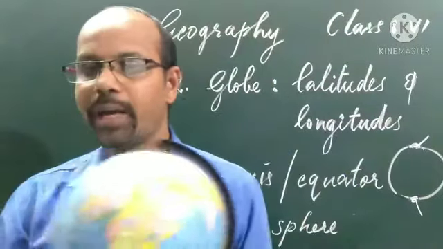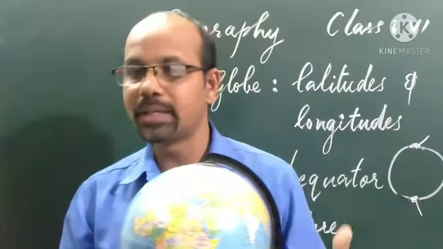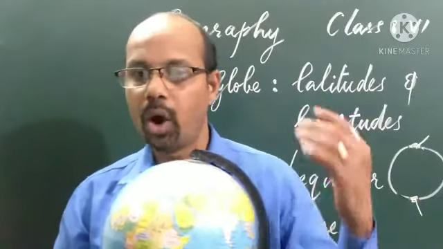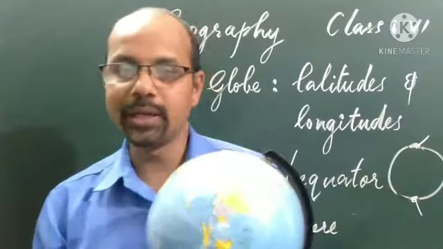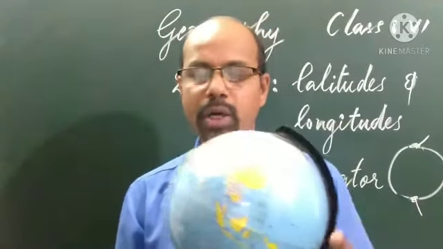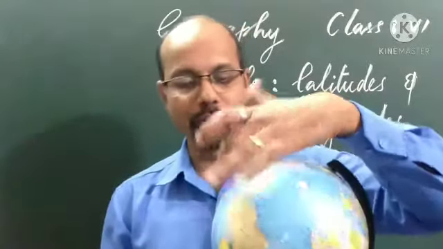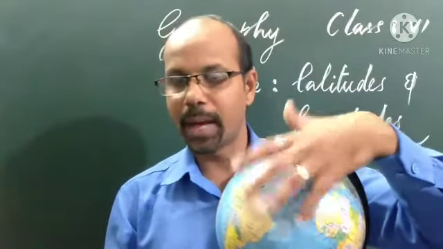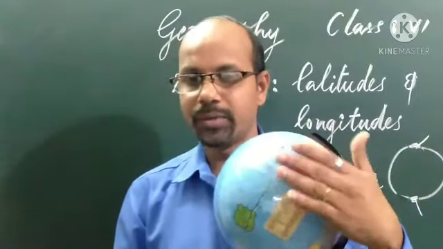Now we cannot locate or describe any place or point on a sphere like the earth. Where is America, or where is India, or where is Allahabad, or where is Mumbai located? It's not easy to find out if there are no lines marked here. Some imaginary lines are there, and these are the lines which are marked out.